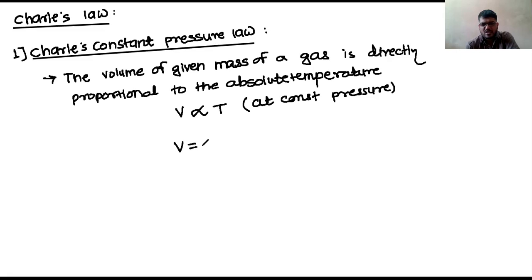Now if I say K is a proportionality constant, let us suppose V is equal to K into T, where K is one constant.